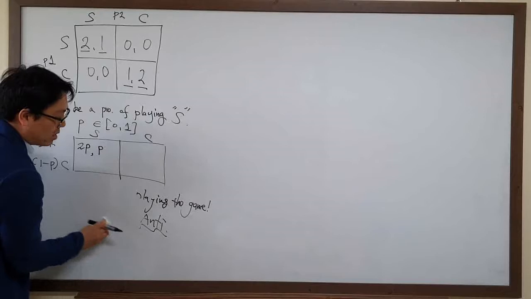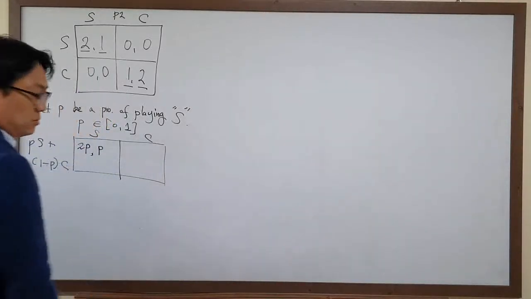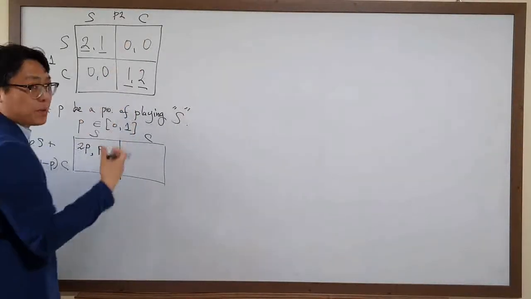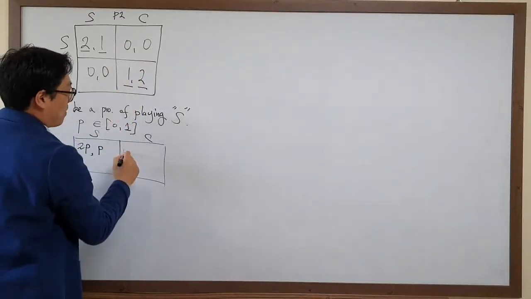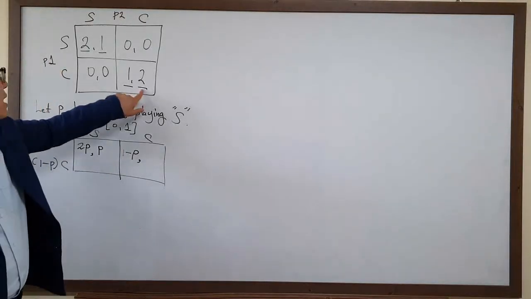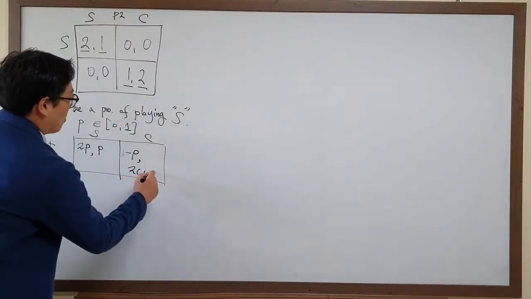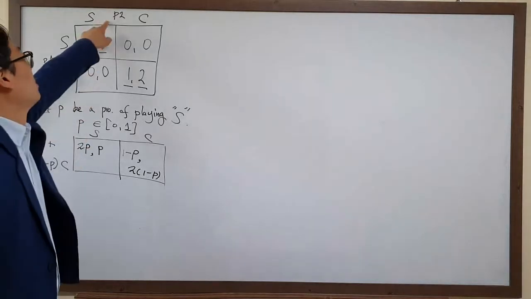Likewise, if the second player is playing C, then the expected payout is 0 times P plus 2 times 1 minus P. So that is 2 times 1 minus P. That is my expected payout. Okay? Now, think from player 2.